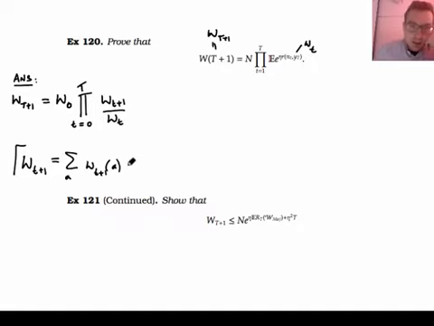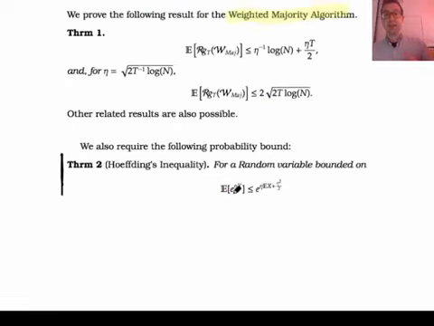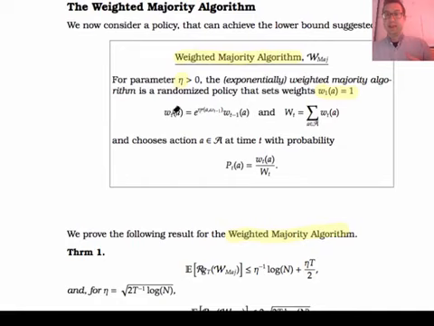Well, that's really just e to the eta, the reward, okay, of the action A, if I took it at the previous round, times w t of A. Okay, does everyone agree with that? So that's just the two definitions from previously, that definition and that definition. Okay?